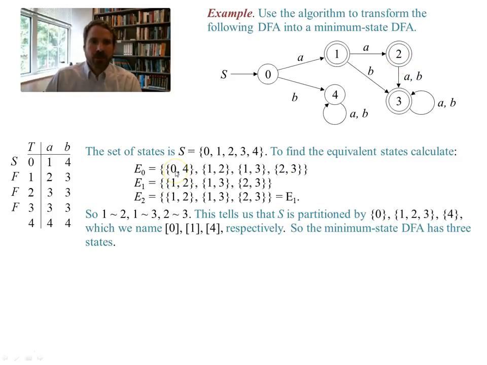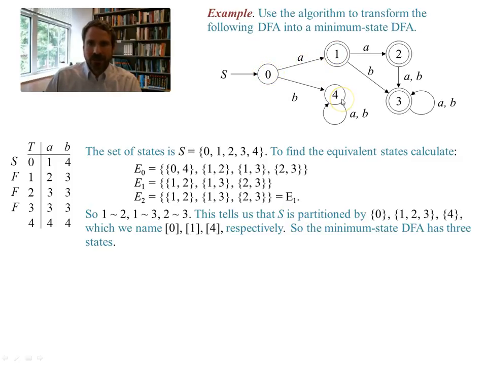And then what we do is we refine it. We look at this set and we say, okay, 0 and 4. What happens when I get a B in 0 and 4? Well, both states end up in the state 4. So that's fine, because this means that on the B transition, I get the same state. That's not going to eject this set 0, 4 from my partition. However, look what happens when you get an A. When I get an A from state 0, I go to 1.